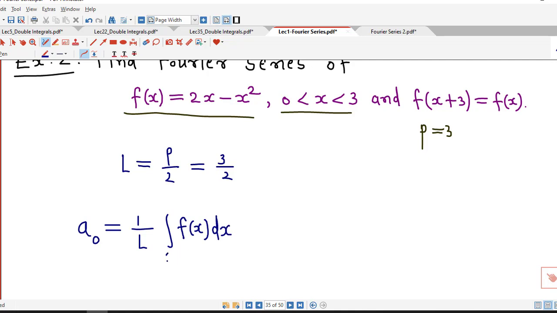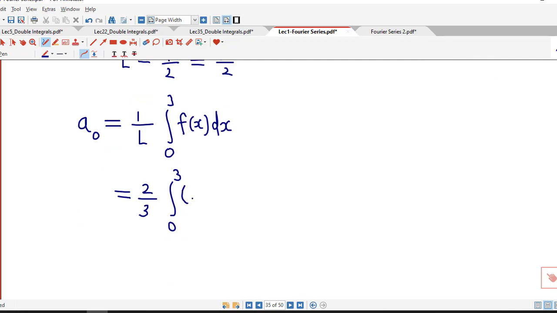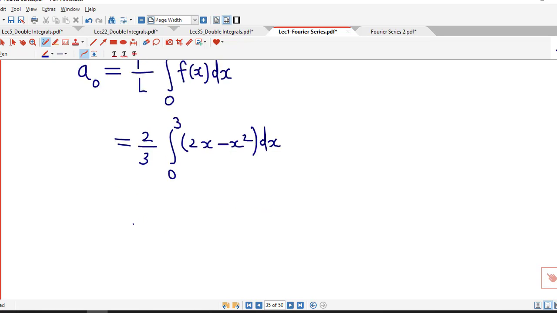The given interval is 0 to 3 and the value of L is 3 by 2, so we have 1 divided by 3 by 2, which is 2 by 3, and f(x) is 2x minus x square. So we integrate this function 2x minus x square over this interval.